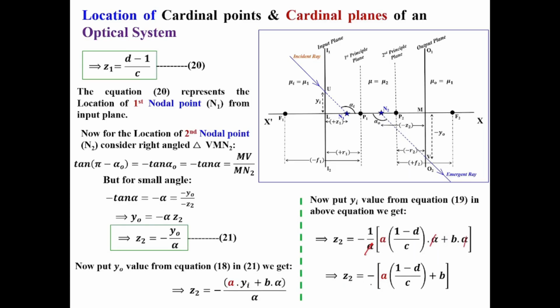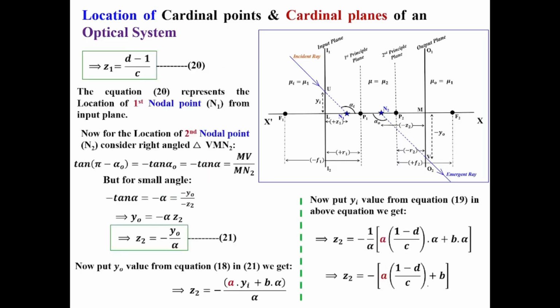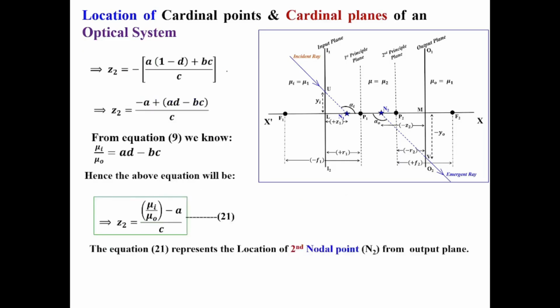We found z2 equal to minus a into 1 minus d by c plus b, right? That implies z2 equal to minus a into 1 minus d plus bc. You just add these two terms, we can get this one. That implies z2 equal to minus a, here minus a, this is minus ad, again minus plus ad, and this will be minus bc, ad minus bc by c.